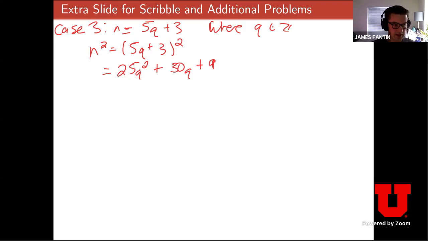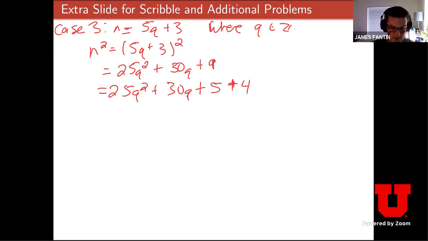But the trick here is we can use the division theorem to rewrite what 9 is equal to. So we can rewrite 9 using the division theorem, like if we took 9 divided by 5. We can rewrite 9 as really just 5 plus 4, right?